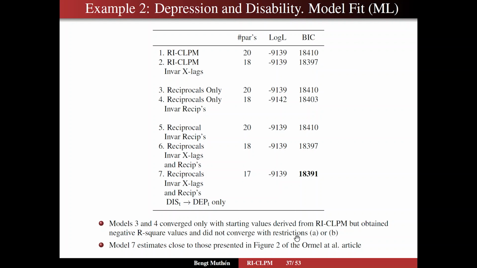But anyway, thereby I got convergence, but I got a couple of negative R² values. And when I tried to impose either one of the two restrictions, A or B, it wouldn't converge again. So in this case, and that's the only one of the 5 examples, the reciprocal only model fails, essentially.